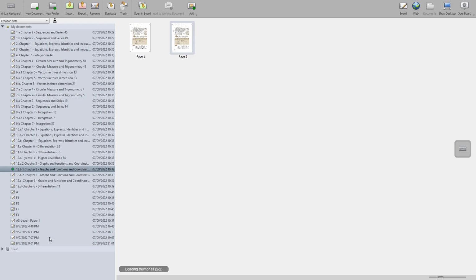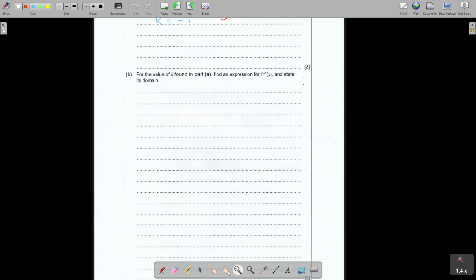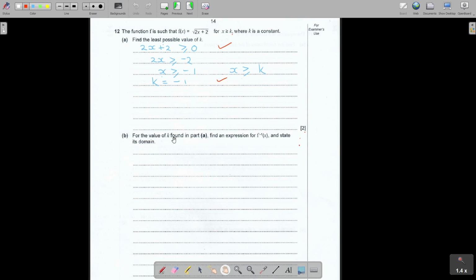Okay, but let's just go back to the question paper. Okay, here it is. So I'll make it a little bit bigger. Find the value of k in part A. Find the expression. So, okay, let's just start by writing the formula down.